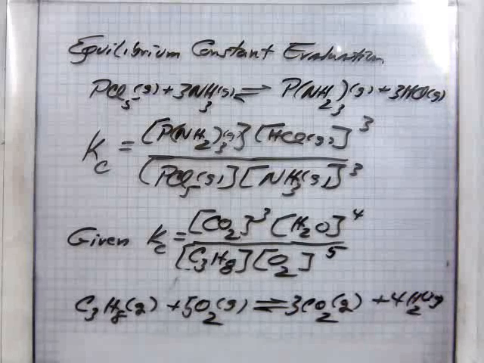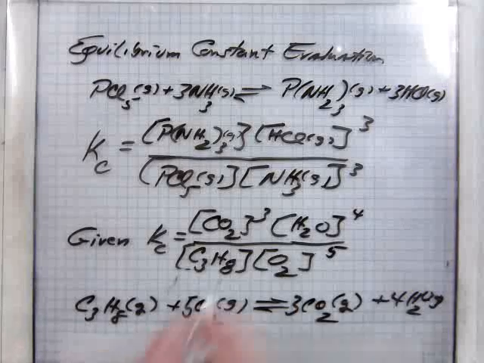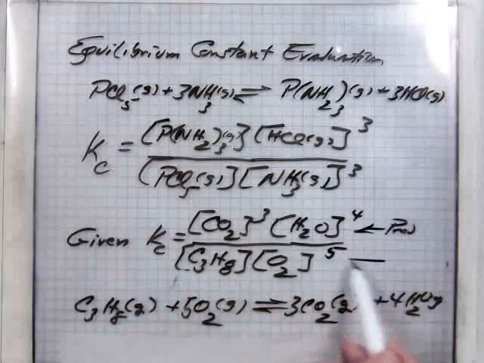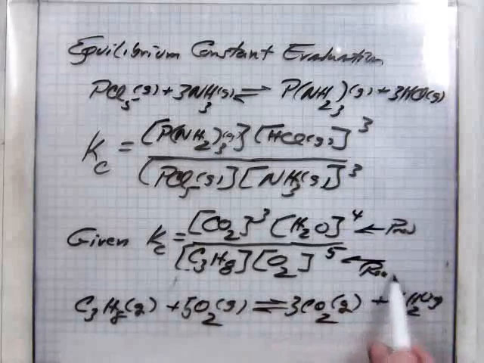So it's just a matter of reversing the K expression notations into an equation, and remembering the top is the products and the bottom is the reactants.